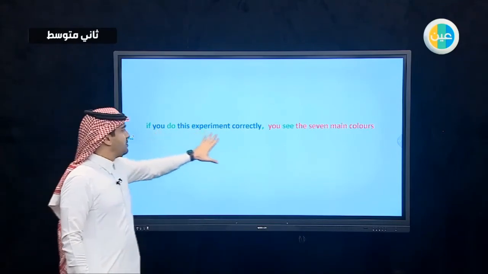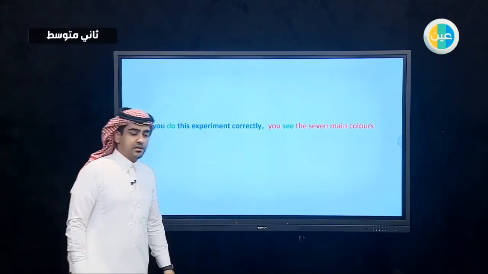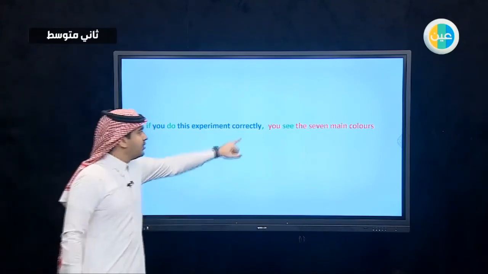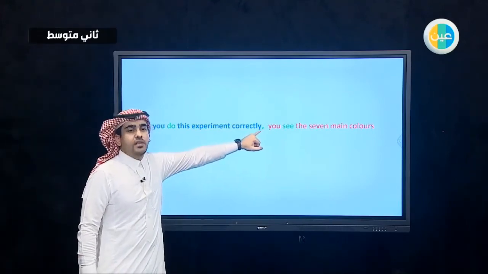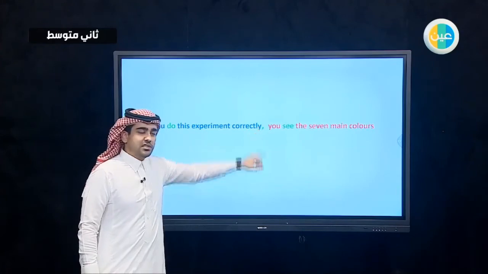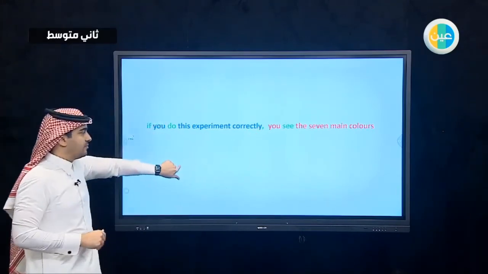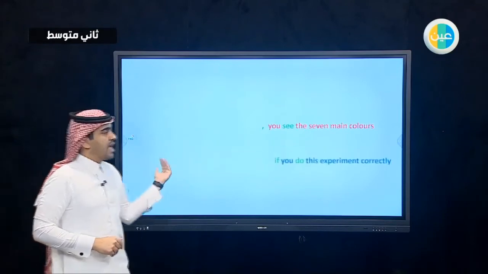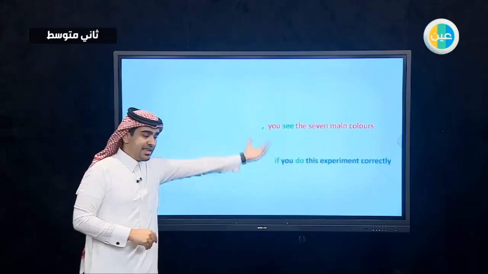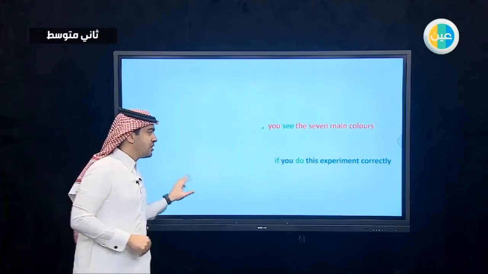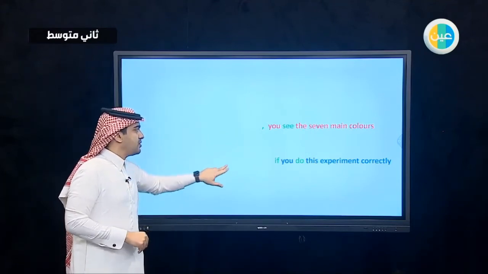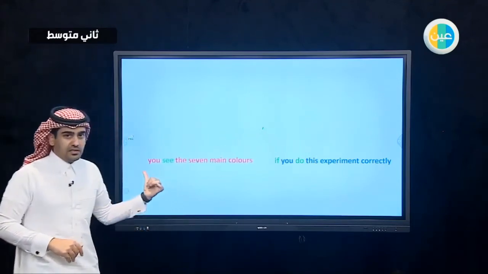If you do this experiment correctly, you see the 7 main colors. Sometimes we can lose the comma and do the sentence in a different way. Move the sentence the other way around, like this. We put this at the end of the sentence. The if clause is at the end of the sentence, and the main clause can be sometimes at the beginning of the sentence.